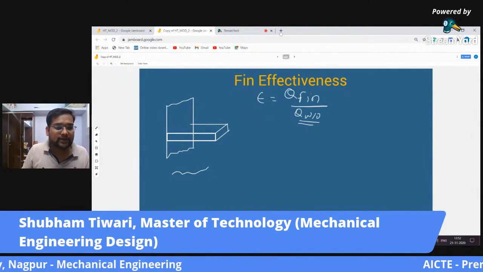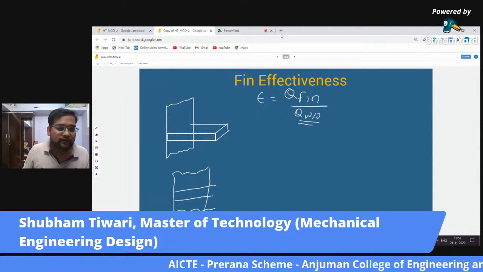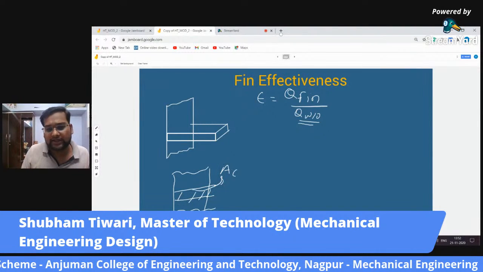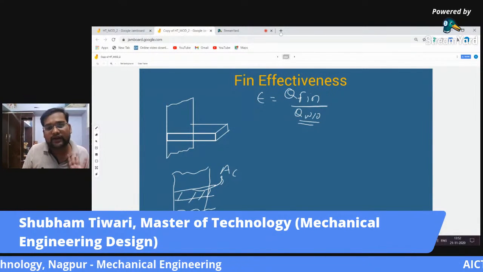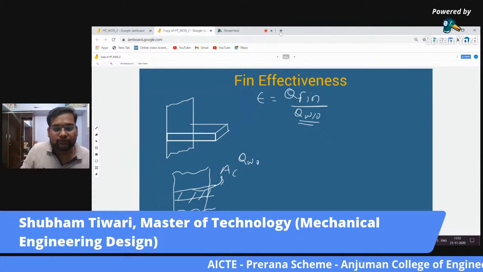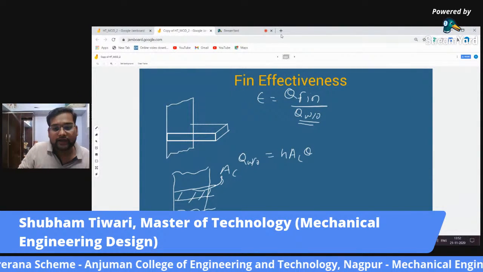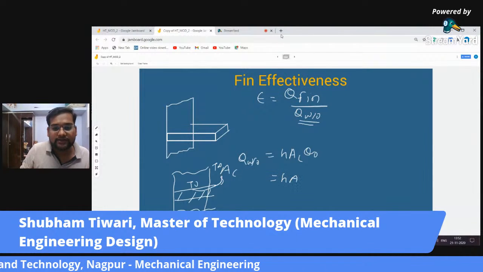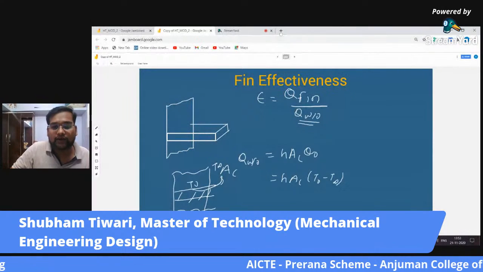Let us say we have the same wall here, but this time we do not have the fin. But here we have the cross section area. This cross section area will take part in conductive heat transfer, right? So Q without fin is HAC theta naught, because its temperature is T naught and the ambient temperature is T infinity. So HAC is T naught minus T infinity. So this is our equation.